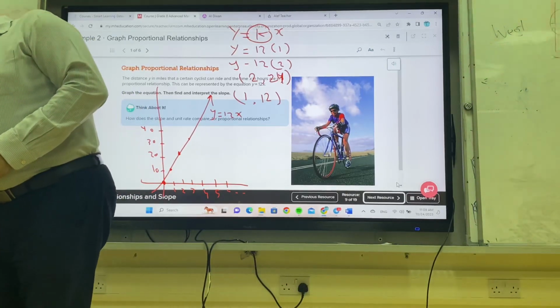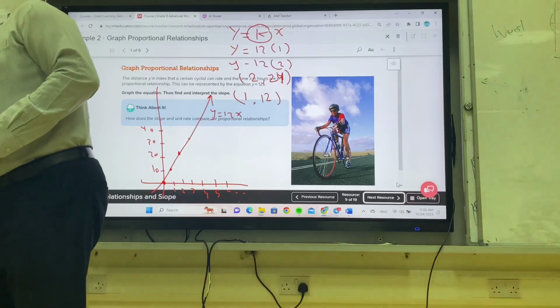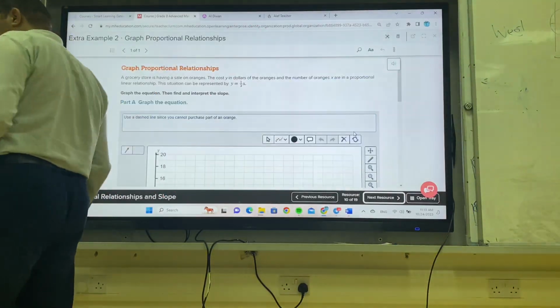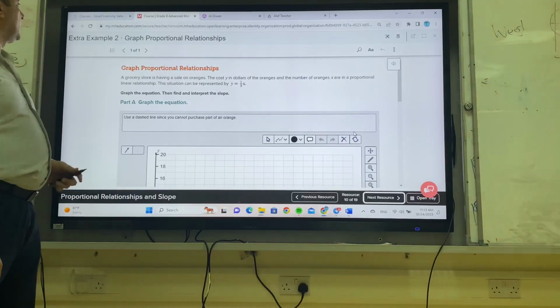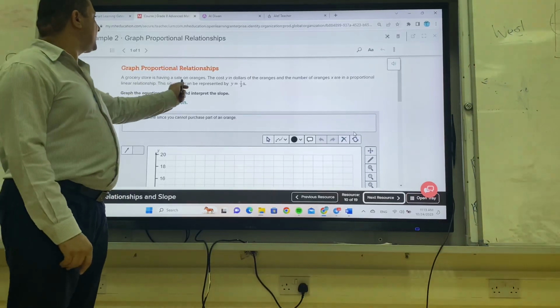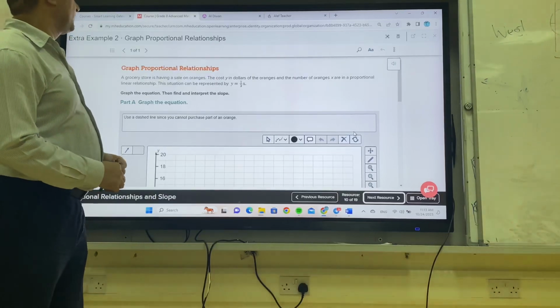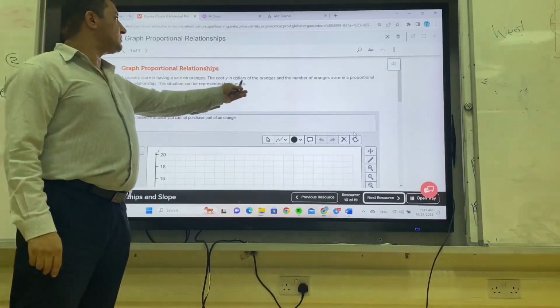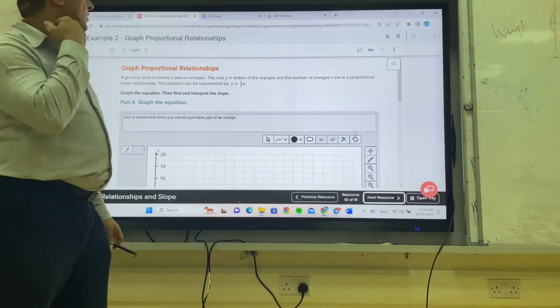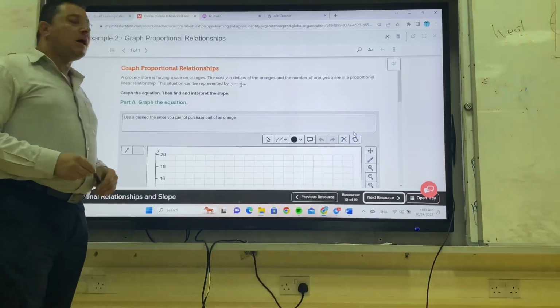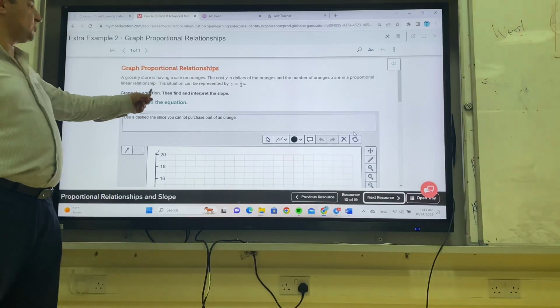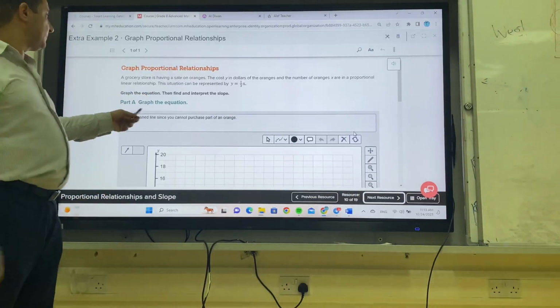Okay, one more example. It says a grocery store is having a sale on oranges. The cost y in dollars of the oranges and the number of oranges x are in a proportional linear relationship, so it's a line.